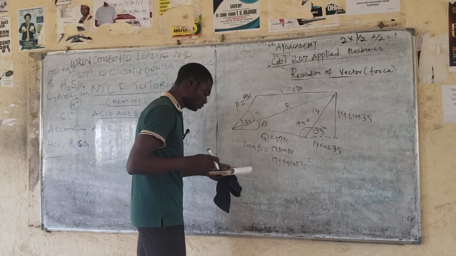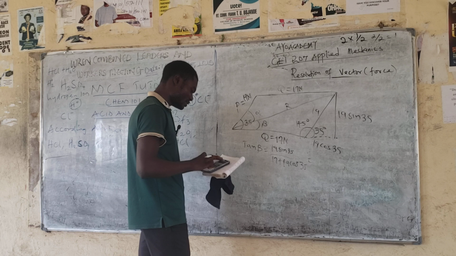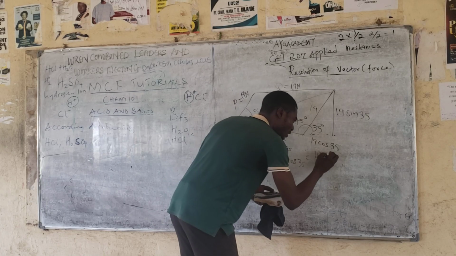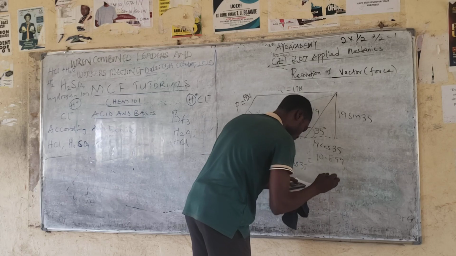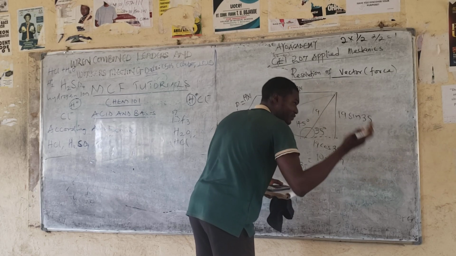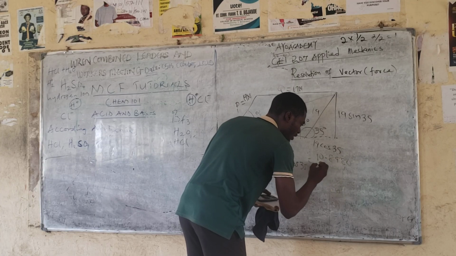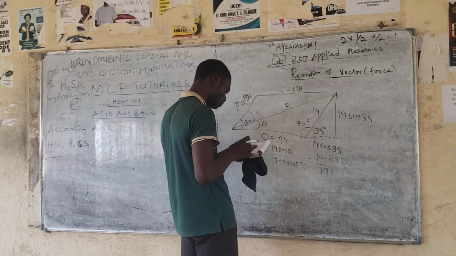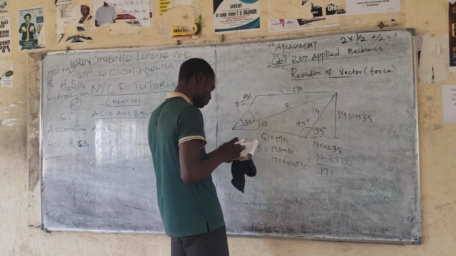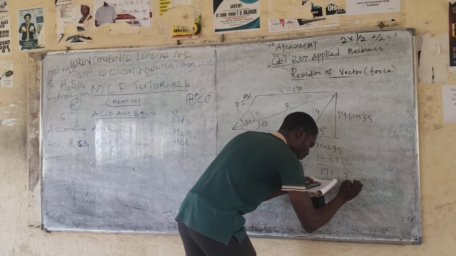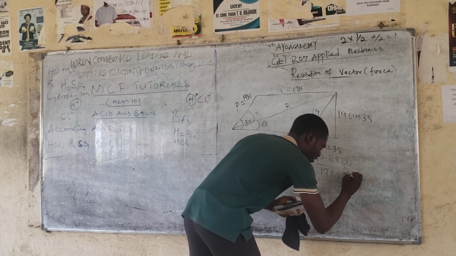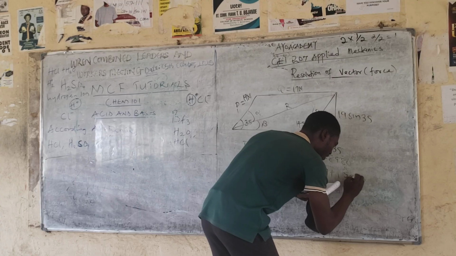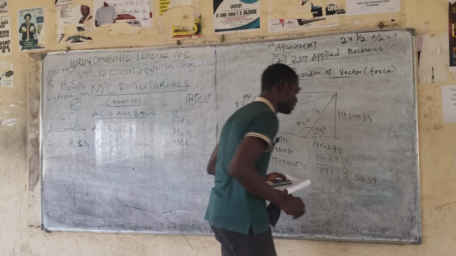So if you press in a calculator, 19 sine 35 is 10.8979, let's just say 10.8980. And 17 plus 19 cos 35 is 17 plus 15.5639.